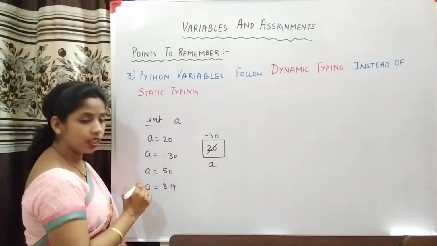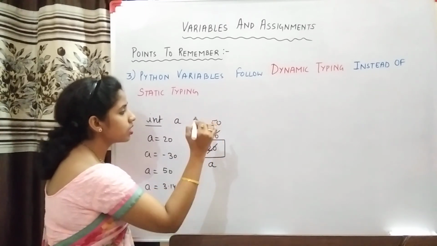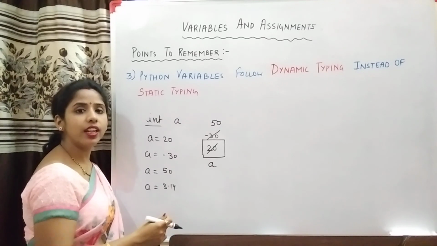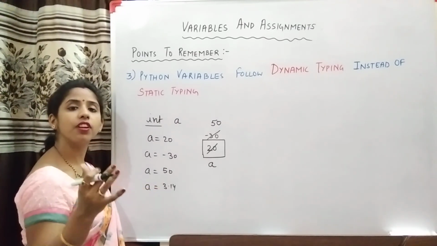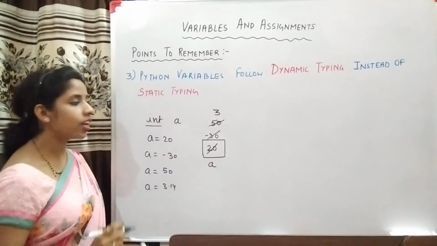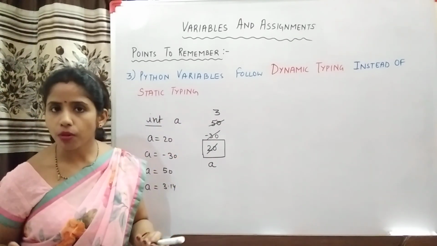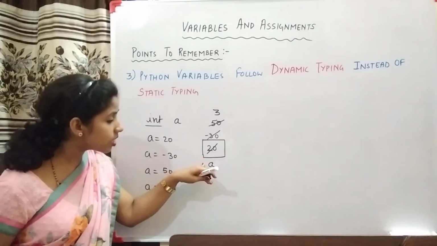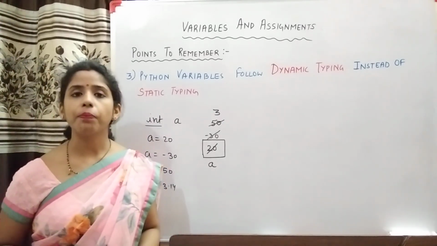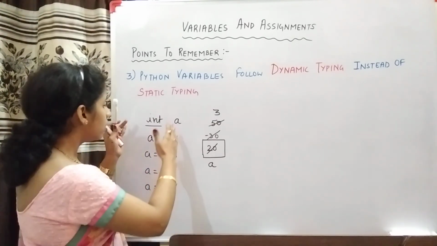Okay, then A is equal to 50 means you will replace -30 with 50. Then A is equal to 3.14. Like I said, in this case it will not receive 3.14, it will only receive 3. Okay, this is the case with static typing followed by languages like C, C++ and Java, and this is their memory representation.